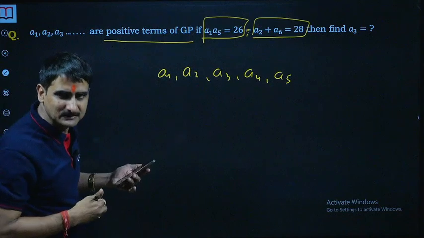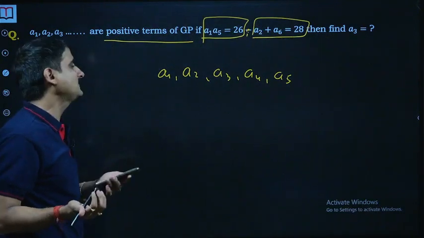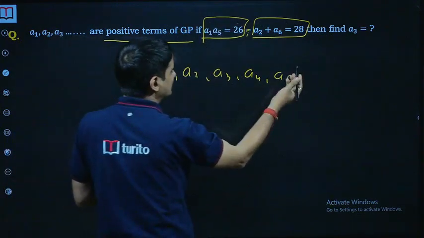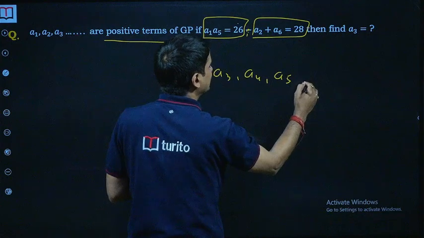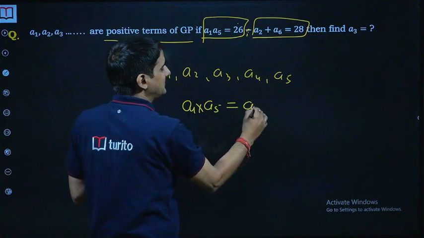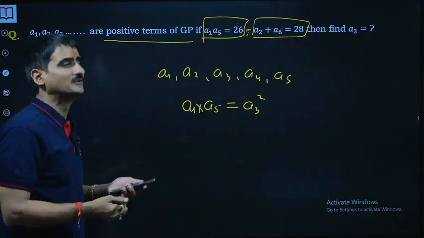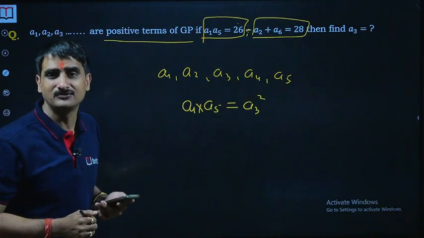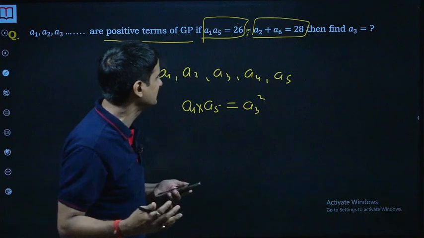It might be A1 plus A5, or maybe A1 minus A5, I don't know. It can't be A1 minus A5 because it is positive in that case. I'm not claiming anything here. But we know the property, product of first and last is nothing but the middle one whole square. So if that's the question, you will get a3 as simply under root of 26, but I believe that won't be the case here.